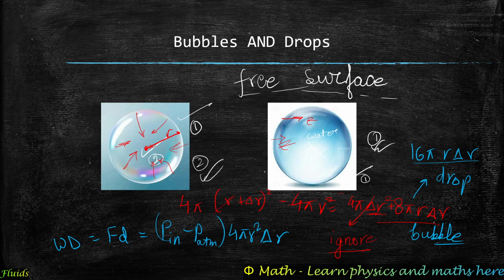We also know the work done and we know the increase in area, so work done over increase in area is equal to sigma. From these two equations we can say that 2 sigma by r is equal to the excess pressure.